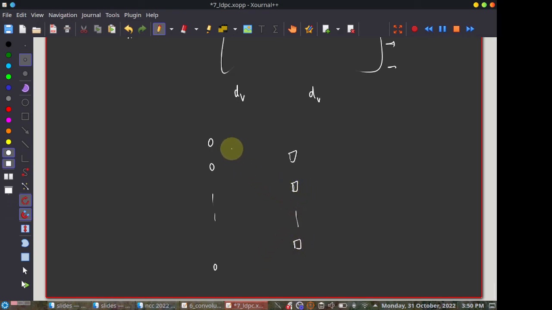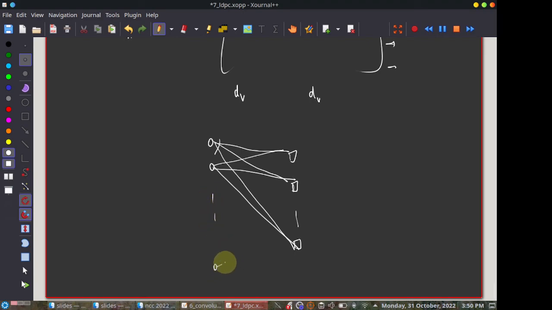For each variable node, I have to choose exactly dv check nodes. So I can sample numbers from 1 up to the number of check nodes without replacement, and that is going to ensure that every variable node is connected to exactly dv check nodes. I can do this for every single variable node.